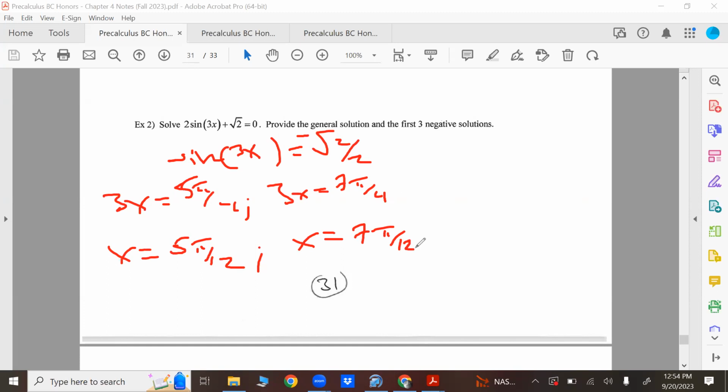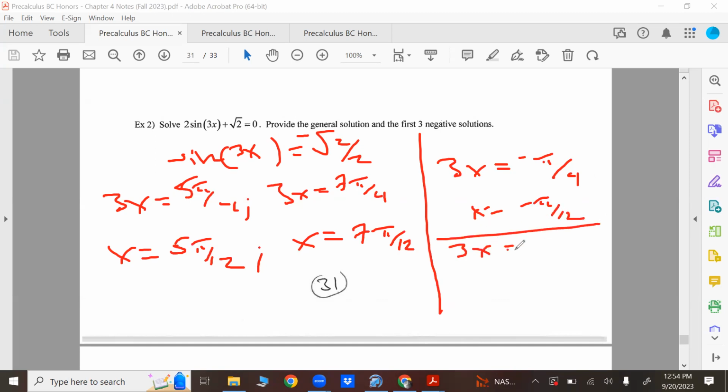But you have to be a little careful here. Before I give the general solution, let's do the negative solutions. So what if I went backwards? So 3x could equal negative pi over 4, right? Would you guys agree? So x could equal negative pi over 12. Or can 3x equal negative 3 pi over 4?